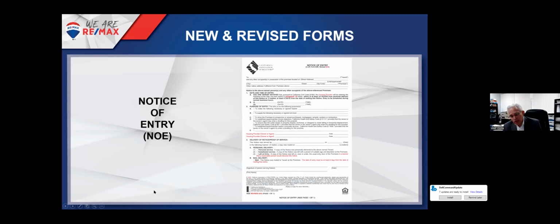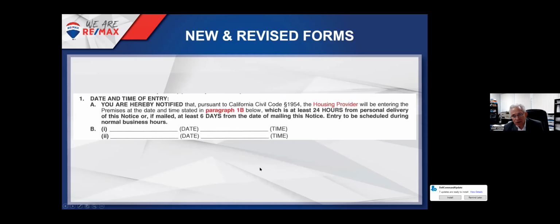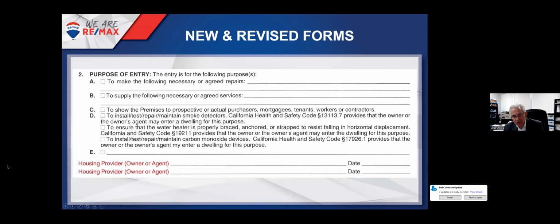So every time you want to show a property, you have to give the tenant 24-hour notice in writing. And of course, the form you would use is the NOE, and the NOE specifies when you're going to show the property, the date and the time, and a place for the housing provider, which is new word for landlord, or the agent signs it.